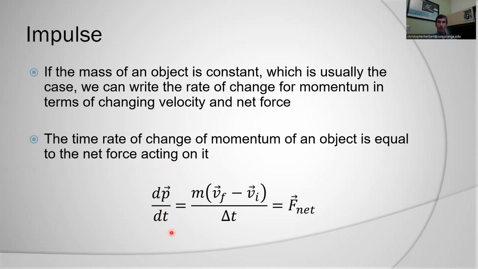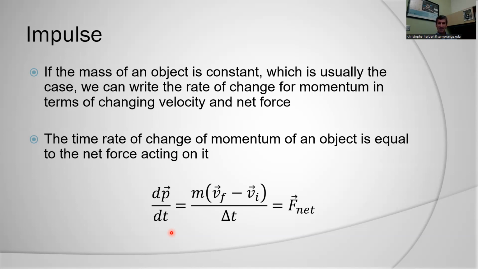Okay. Now, we've seen a similar equation before, in the form of Newton's second law. We saw that the net force acting on an object was equal to the mass times acceleration. Or we could also write that as the mass times the change in velocity divided by the change in time, if again, the force was constant.